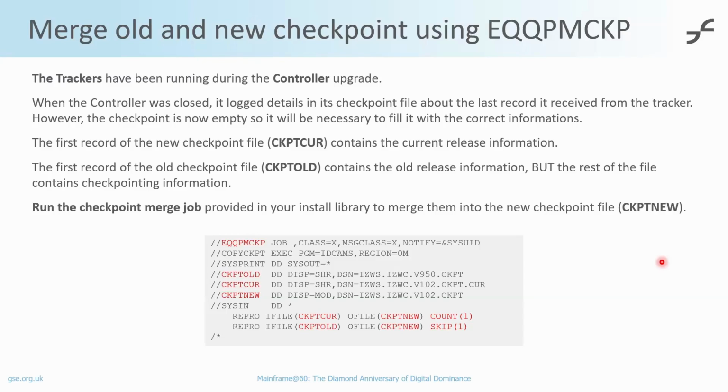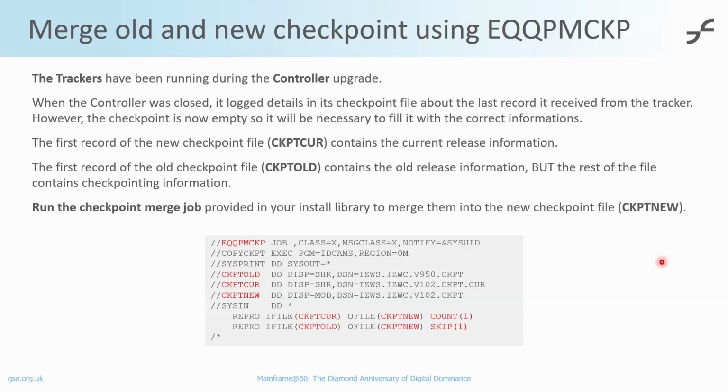And you have the new file, that is the one that you just initialized. You started with an empty checkpoint dataset, and at the very beginning, the very first start with the new release, the normal mode manager in the controller initialized that new checkpoint file.